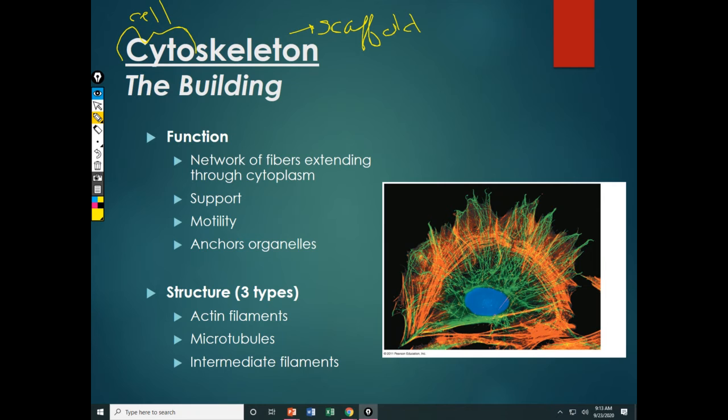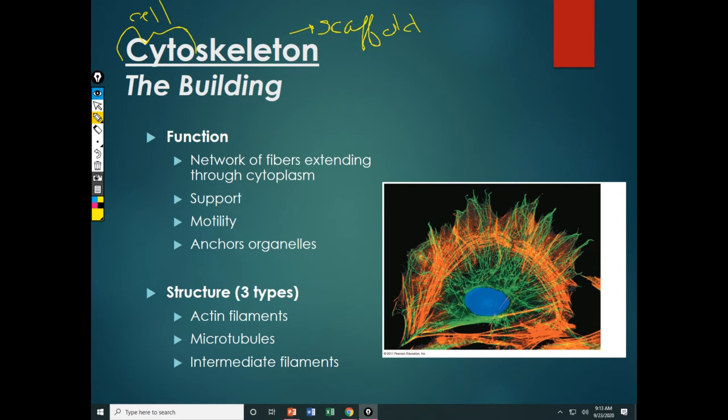Okay. So we've got a lot of things that need to be done in the cell, and we're just going to kind of lump these things together generally. Like I said, we really can get lost in the woods talking about the specific details of everything that gets done here. And these are things we will talk about in far more detail if you go on to take a cell and molecular course.